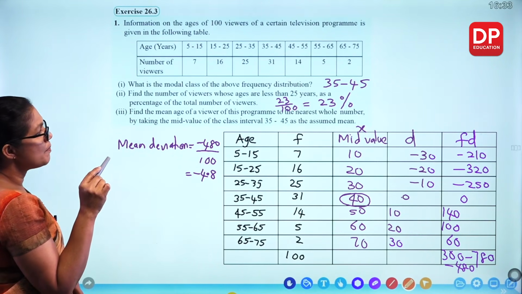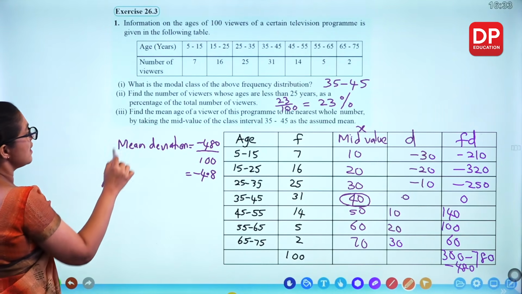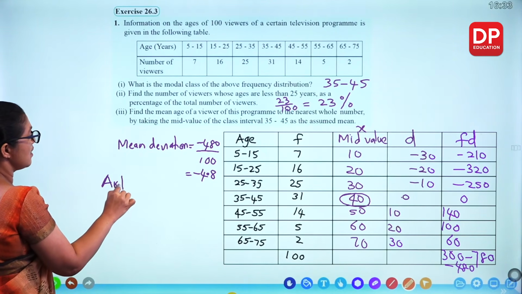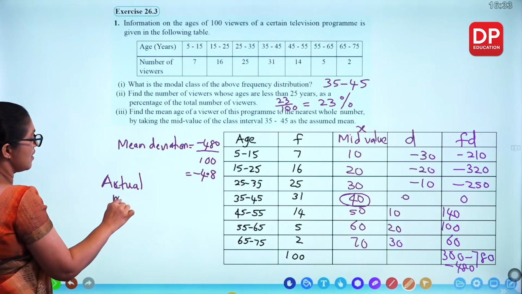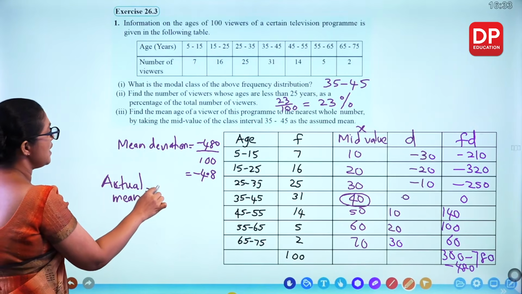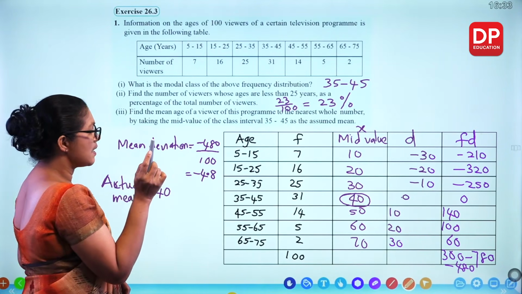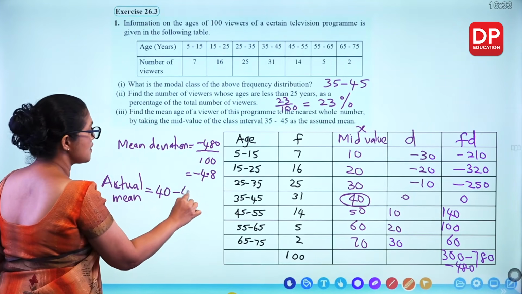Then assumed mean is 40. So what's the actual mean? Actual mean is assumed mean plus sigma FD over sigma F. That's minus 4.8.